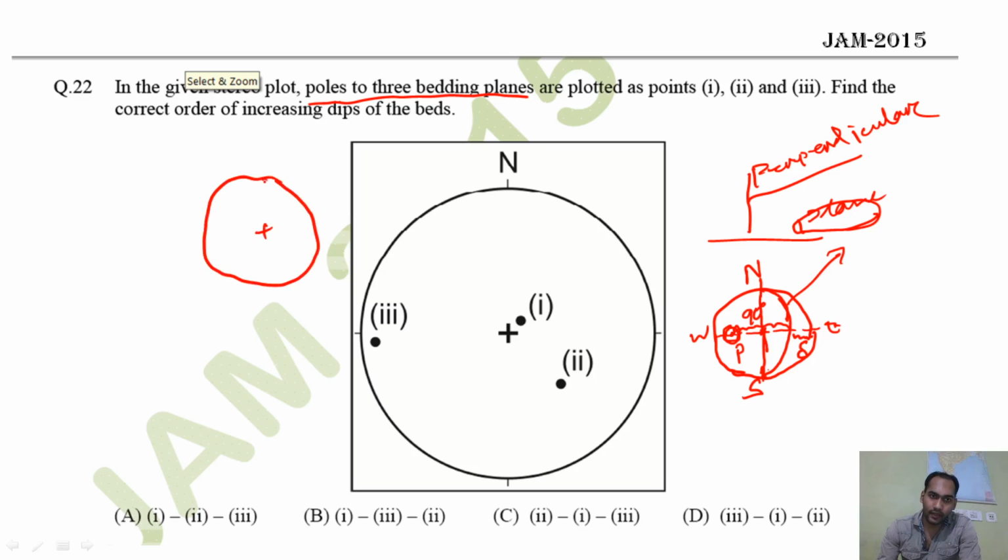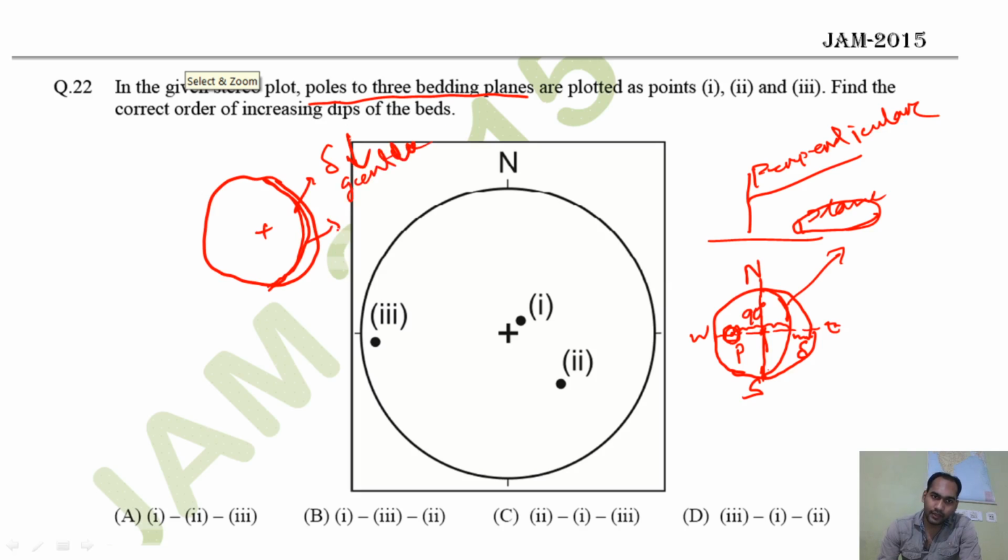So if a great circle is like this, that means what? Dip is lower. If a great circle is closer to the outer circle, then it is gentle, right?